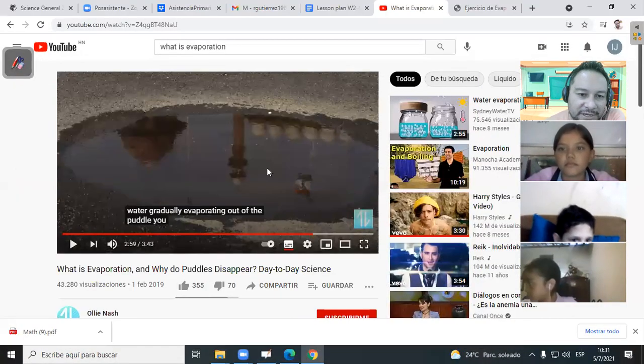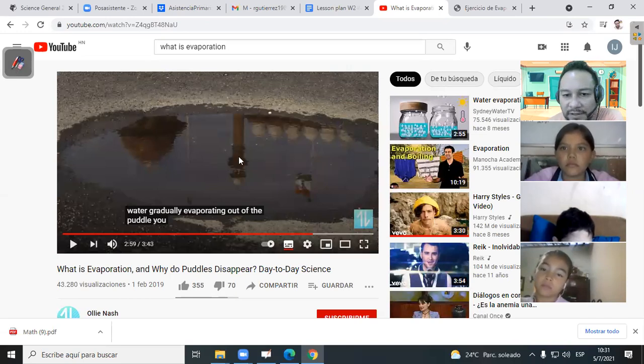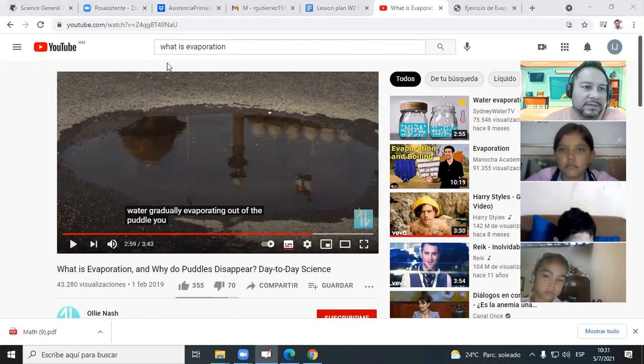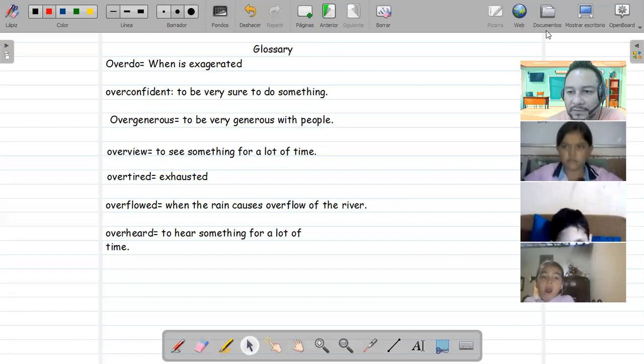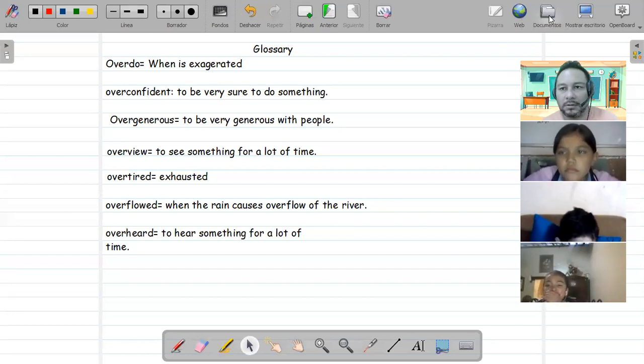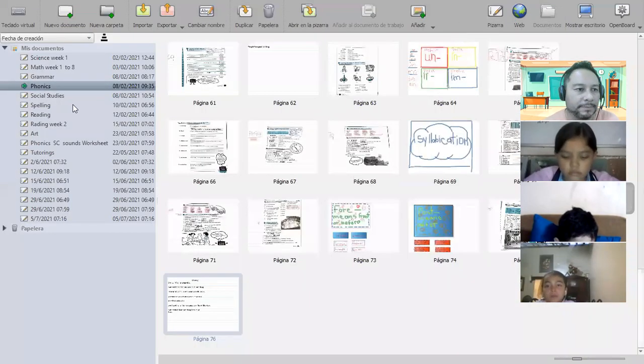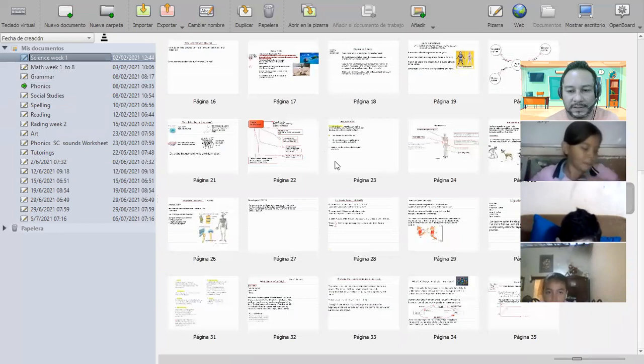So evaporation is different from boiling, right? And the evaporation is part of the cycle, right? The weather cycle. Science, okay?